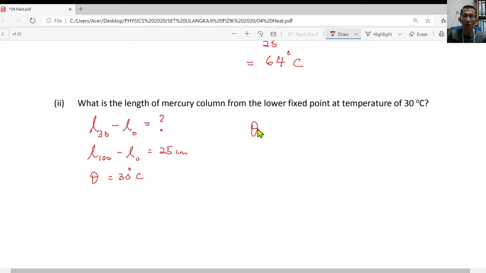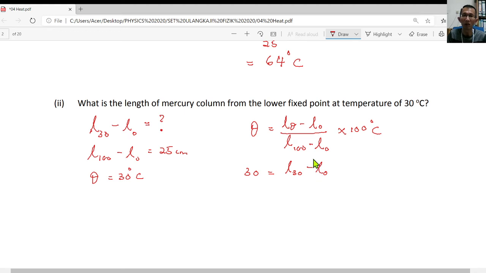Theta equals L theta minus L0 divided by L100 minus L0 multiplied by 100 degrees Celsius. Now theta here is 30, equals L theta minus L0, which is what we don't know, so I will write that as L30 minus L0.